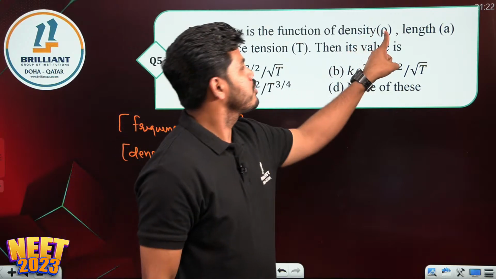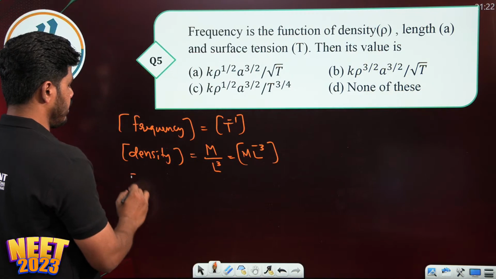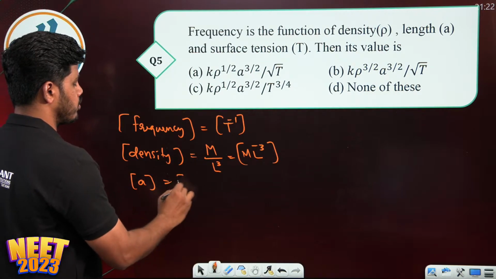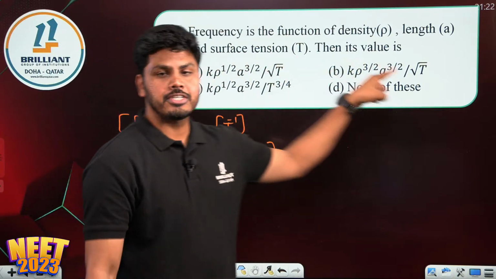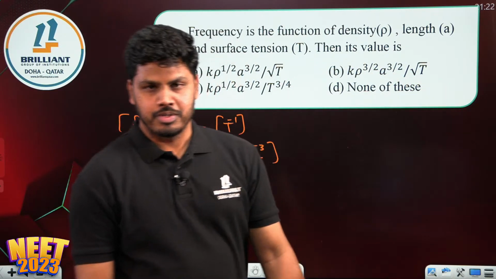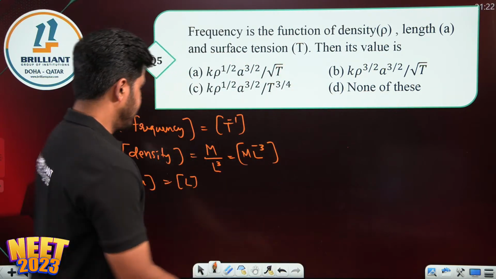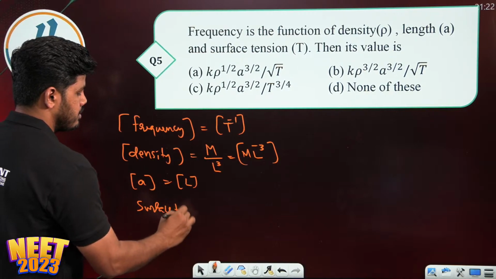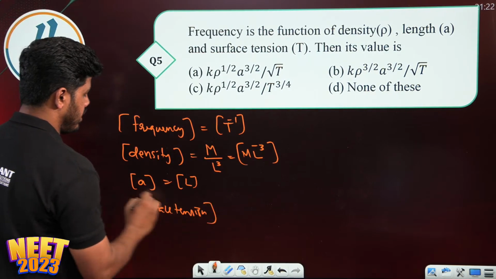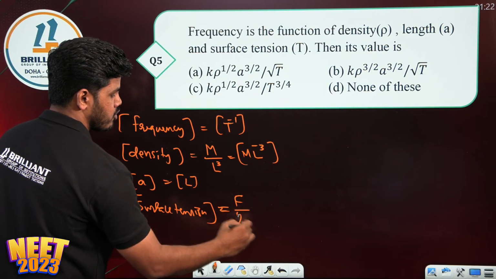So the first quantity is ready, right? Now length, A is length only, so the dimension of A should be equal to the dimension of L, length. And finally surface tension. We know surface tension is measured as force per unit length. So the dimension of surface tension is the dimension of force by the dimension of length.